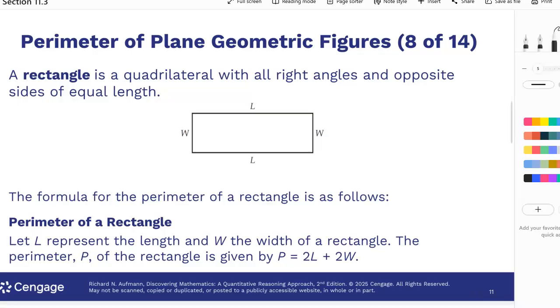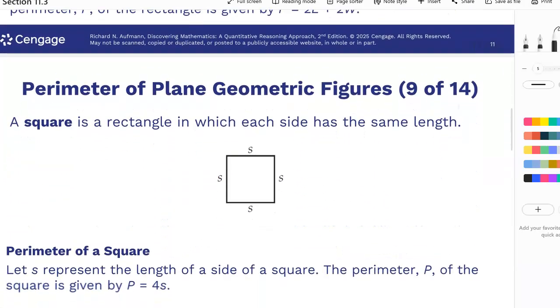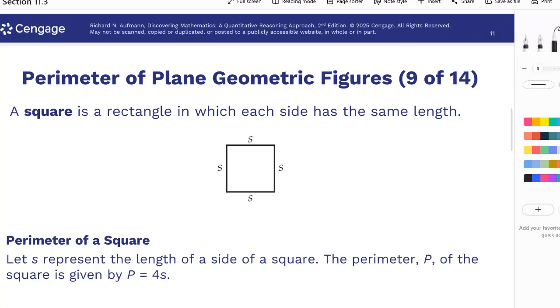So I could simplify this and say that this is going to be 2L plus 2W, which is where that formula comes from. And if I'm talking about a square, still the distance around, so S plus S plus S plus S, four times. And because I have four of those, it would be 4 times S.